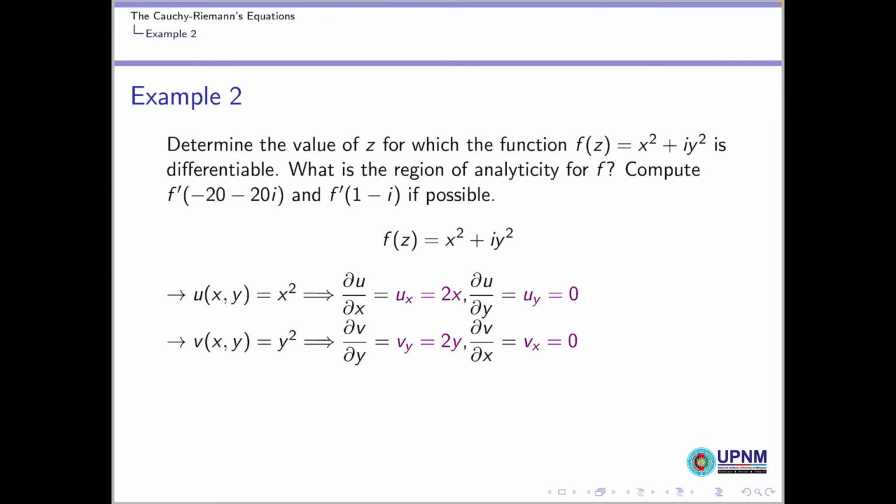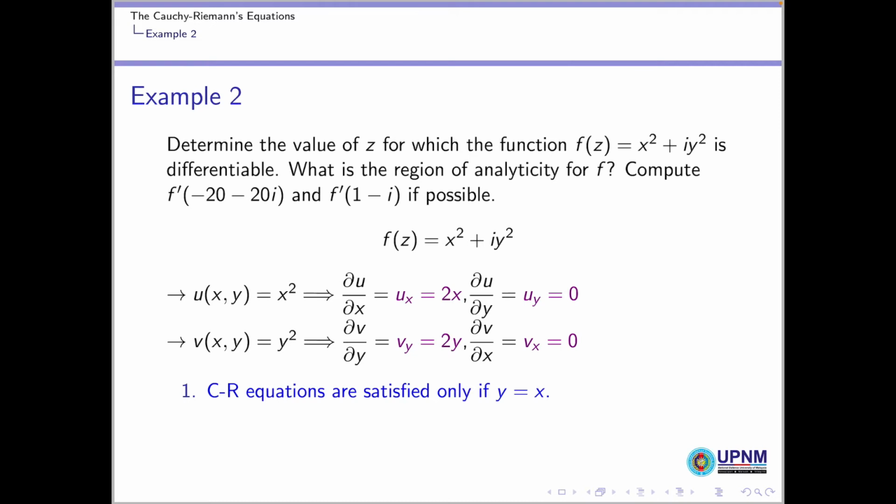partial derivative v_y equals 2y and partial derivative v_x equals 0. So here we can see the Cauchy-Riemann equations are satisfied only if y equals x, because we have u_x equals 2x and v_y equals 2y. Based on the Cauchy-Riemann equations, we should have u_x equals v_y.